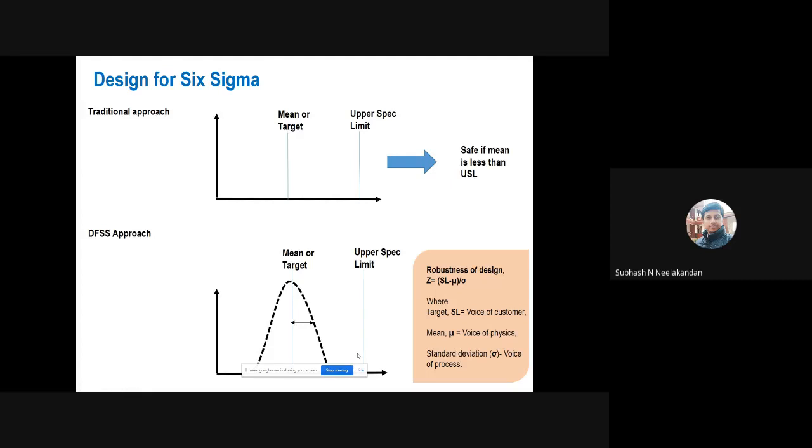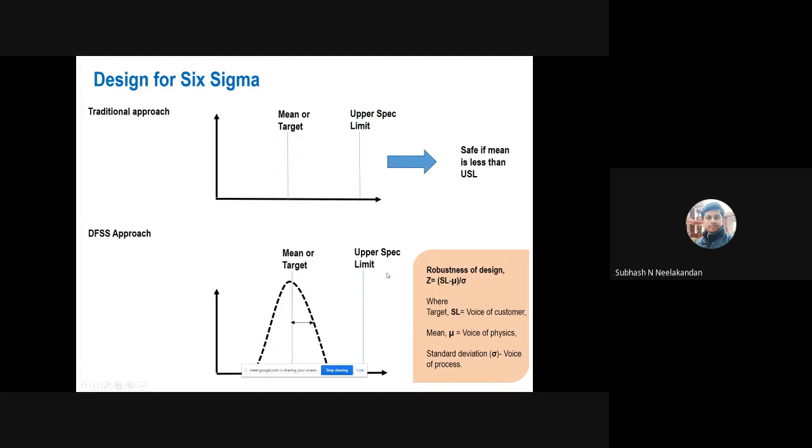So in the design stage itself, the design team can predict, if 1 lakh devices are produced based on the current design and qualification criteria, what will probably be the number of defects. So nowadays, the industries are following a procedure that there should not be more than 3.4 defects per million products. This is called design for Six Sigma. And Six Sigma means between the mean and the upper spec limit, we can place 6 sigma or 6 standard deviations.